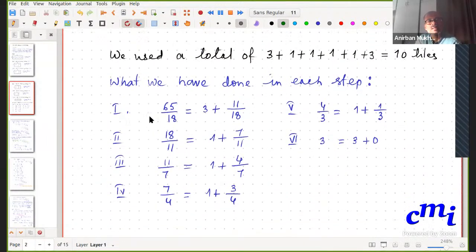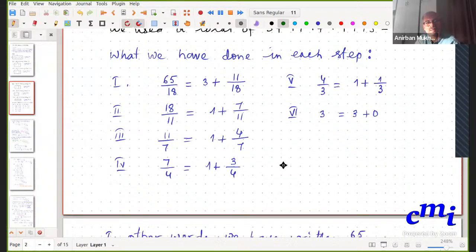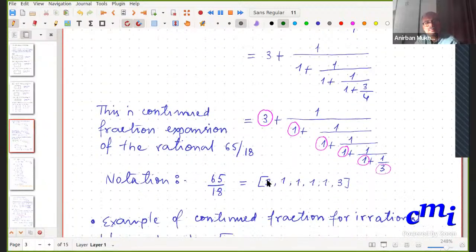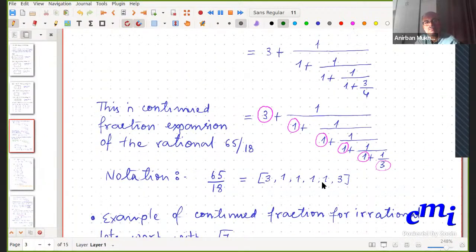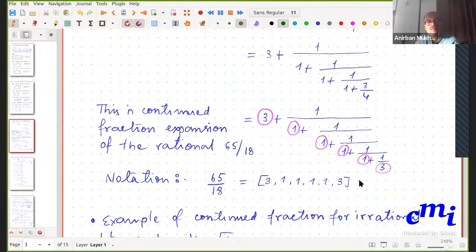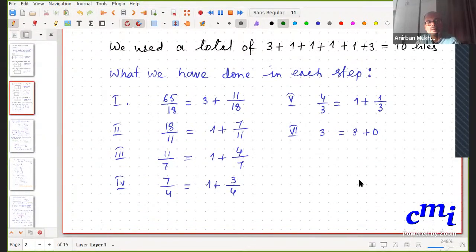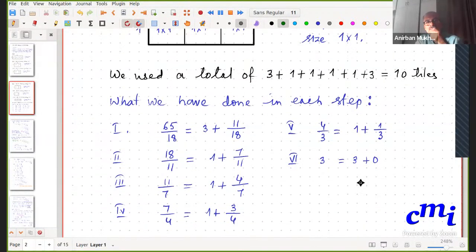For example, with 65 by 18 here, we got an expansion. These are the partial quotients, and convergents are the numbers that we add up.